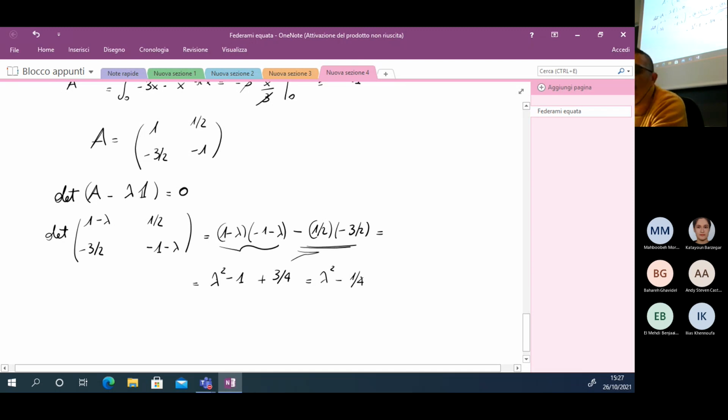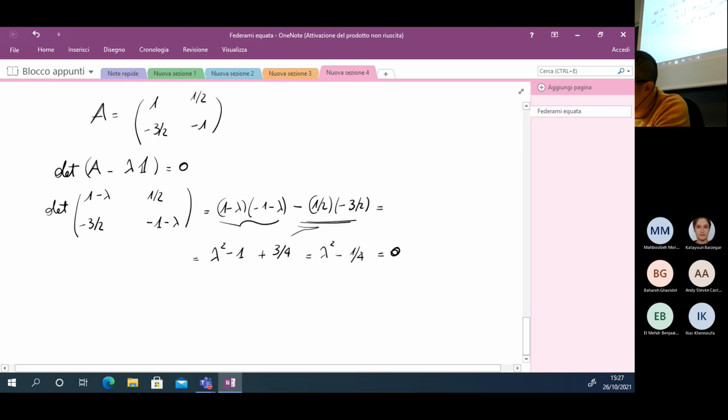In order to find the eigenvalues, this must be equal to 0. So the eigenvalues of capital A are lambda equal to 1/2 and lambda equal to minus 1/2.